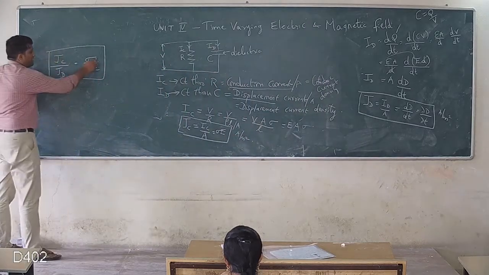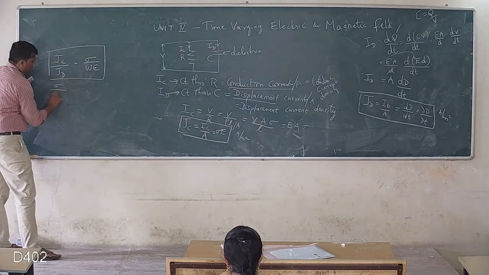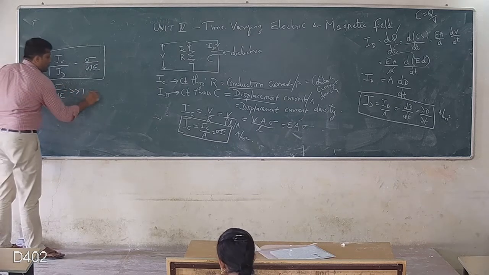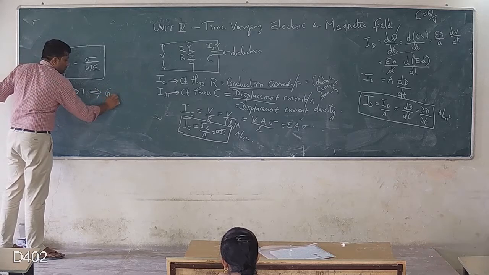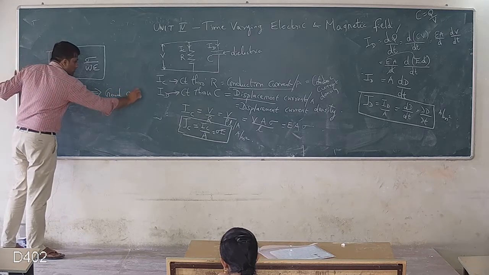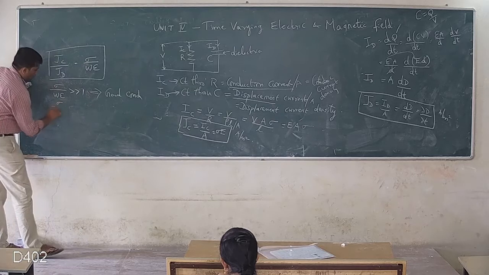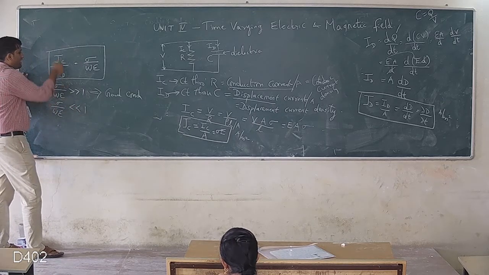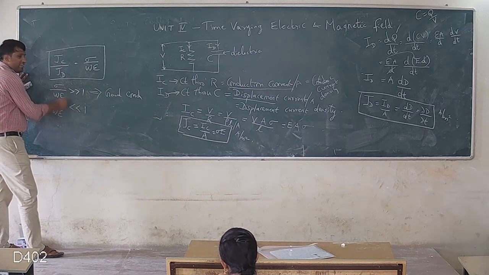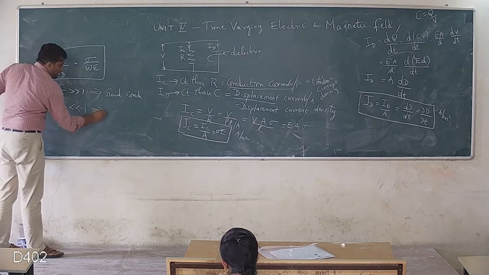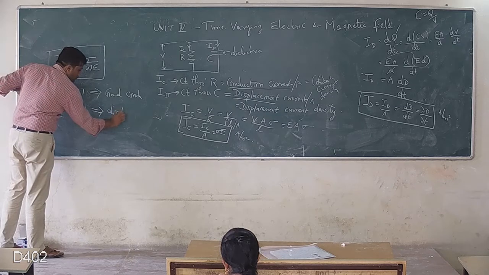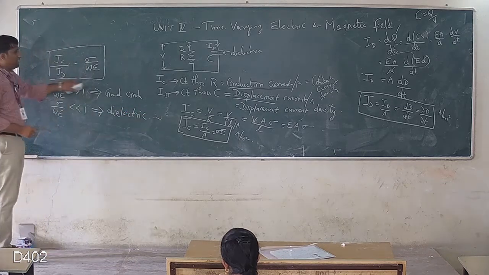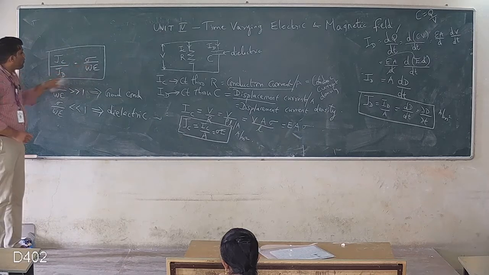So this signifies that when sigma by omega epsilon is very much greater than 1, then the medium is a good conductor. If the ratio sigma by omega epsilon is very much less than 1, JC is greater in this equation, and in this equation JD is greater, and it is nothing but a good dielectric. So this is a very important significance of this particular equation.